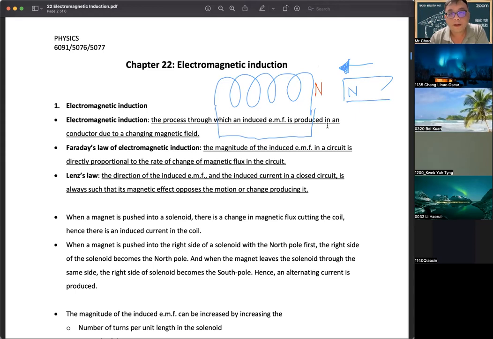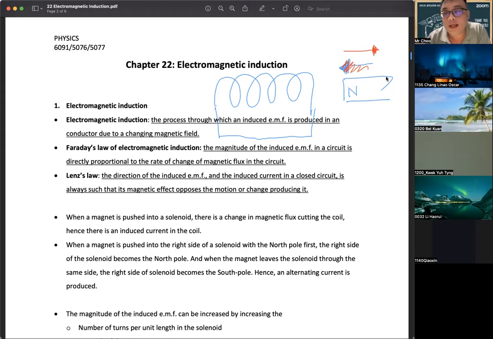Is that clear? Now, what if this north pole is moving away? How are you going to oppose it moving away?